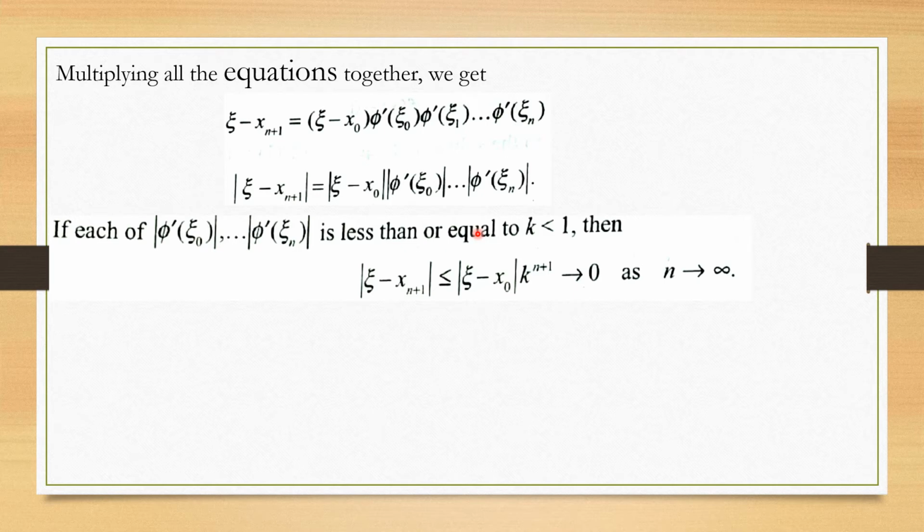If each derivative at different values of xi is less than or equal to k, where k is less than 1, then this error is less than or equal to |xi minus x0| times k^(n+1). If we assume that all these derivatives are less than k, where k is less than 1, then this relation will change into such an inequality, and this will lead to 0 as n approaches infinity.